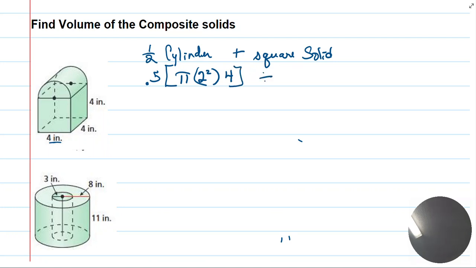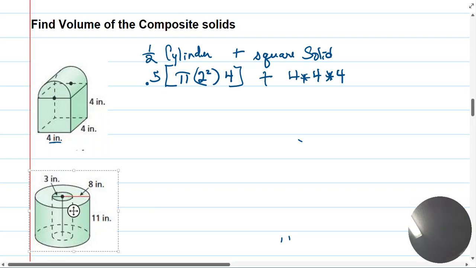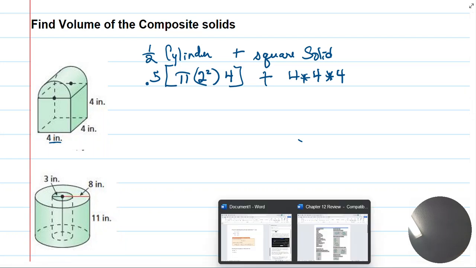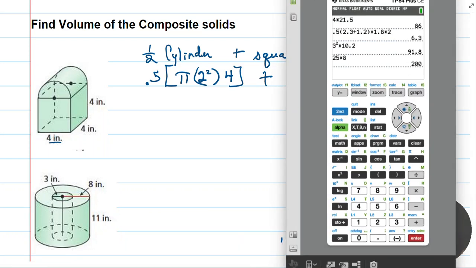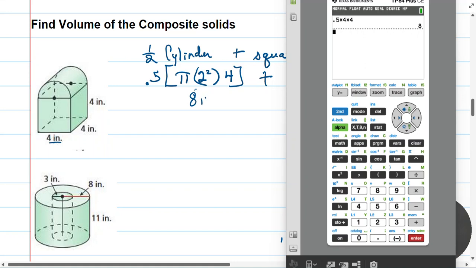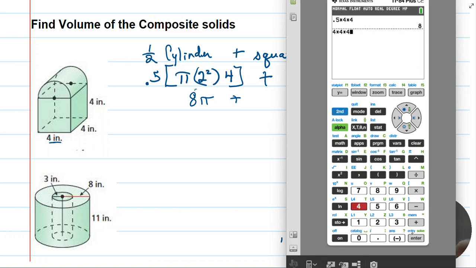And to it, we're going to add 4 times 4 times 4 for the square cube on the bottom. It's not drawn proportionally. All right. So let me get my calculator. And we're going to get 0.5 times 16. 4 times 4. Make sure I got a point. Yep. And that is 8, isn't it? And then I'm going to have the 4 times 4 times 4, which is 64.